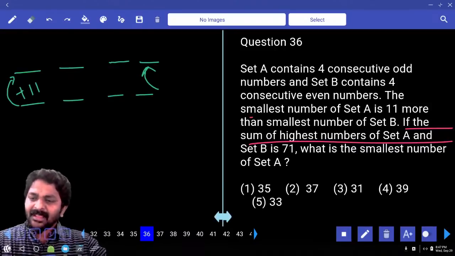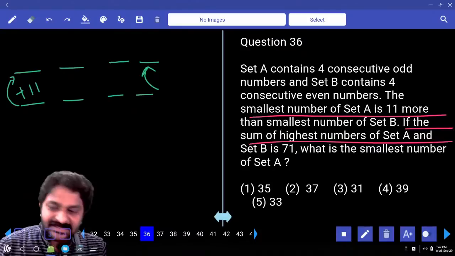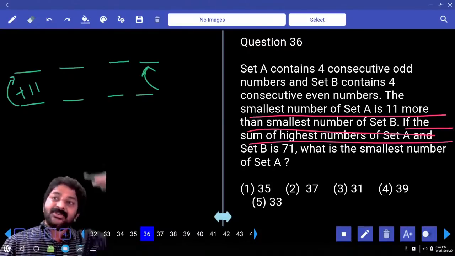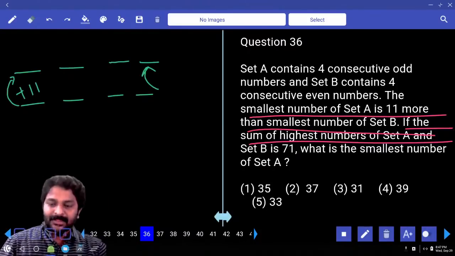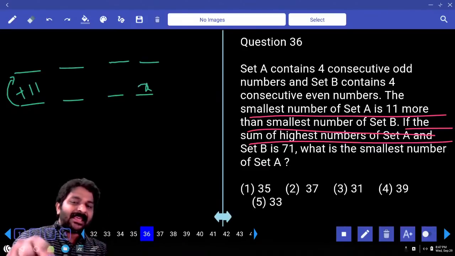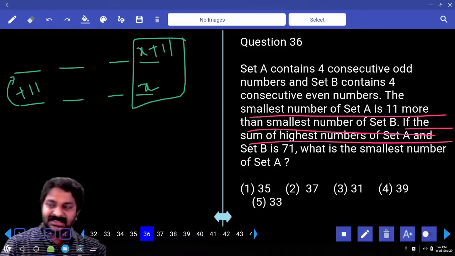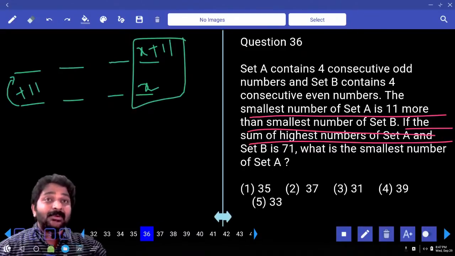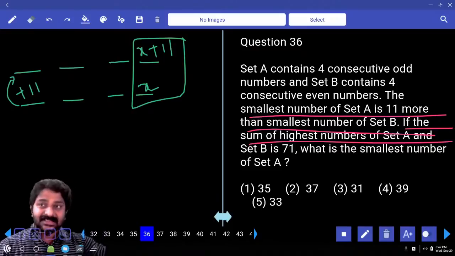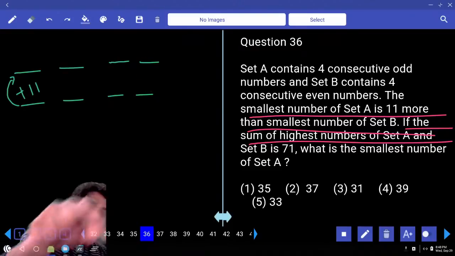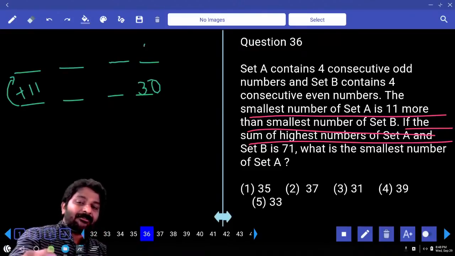The smallest number in set A is 11 more than the smallest number in set B, so set A numbers are more. Agreed? Writing x here and x plus 11 here, the sum of these two numbers is equal to 71, then 2x is equal to 71 minus 11, 60. x is equal to 30. If x is 30, x plus 11 is 41.